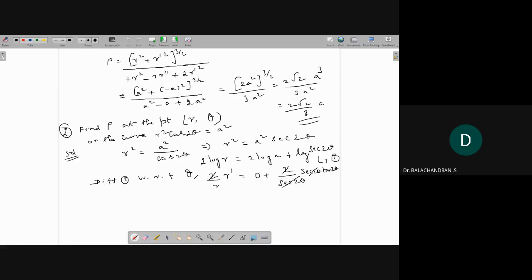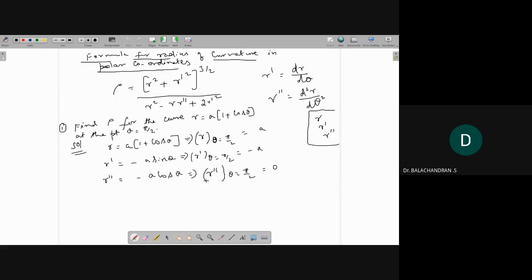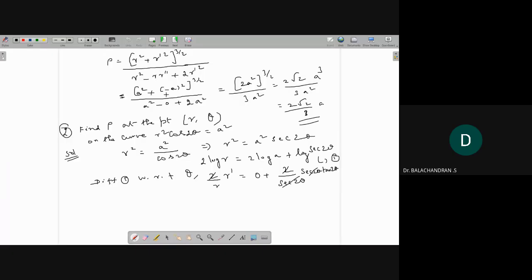What is r? R is a, so r square is a square. R dash is minus a, so r dash square is a square, whole power 3 by 2. R double dash is 0, so the second term in the denominator is 0, plus 2 r dash square, which is 2a square.